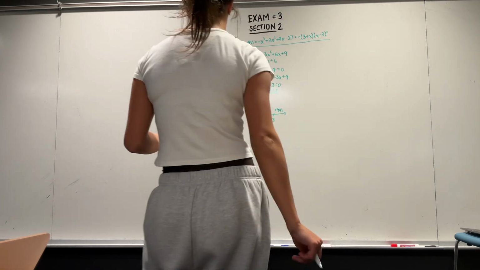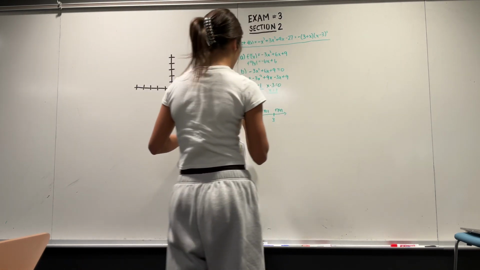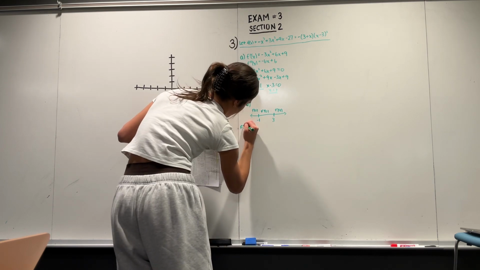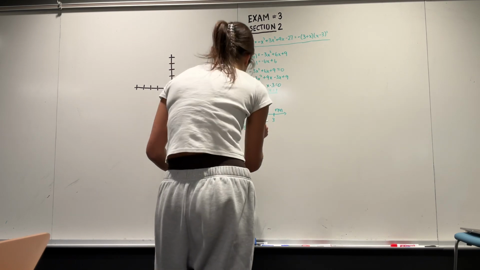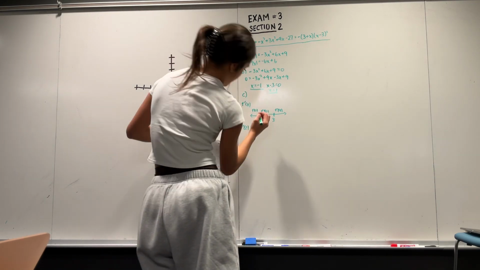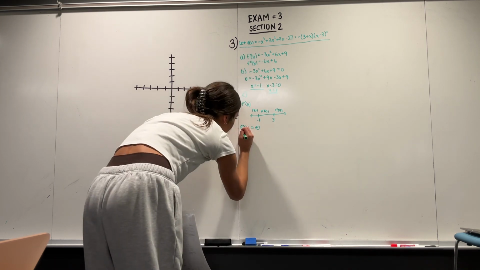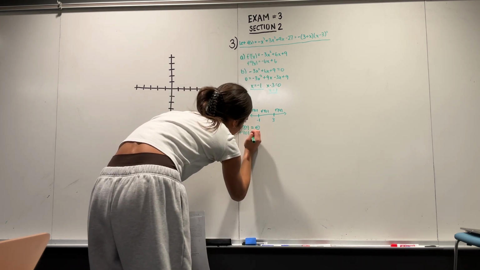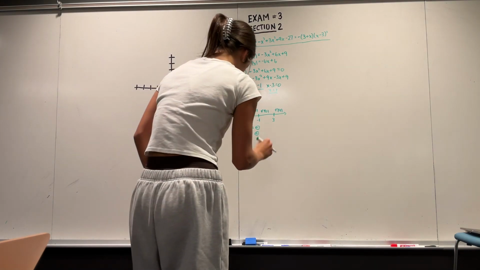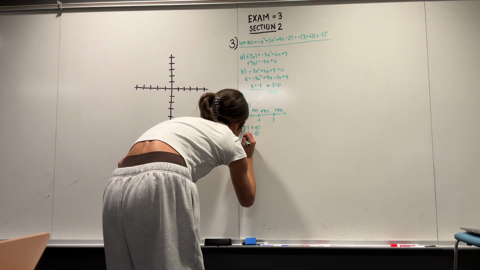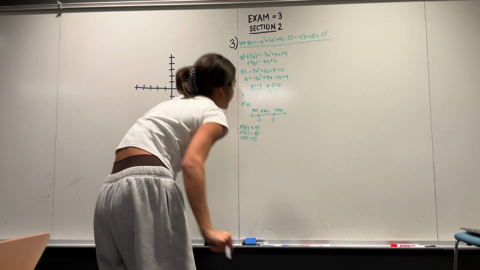When you're evaluating these, f prime of negative 2 is going to be a negative, and then f prime of 0 ends up being a positive, and then f prime of 4 ends up being a negative.